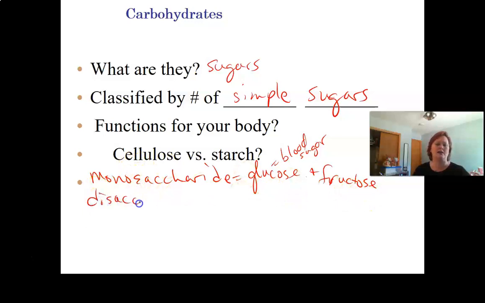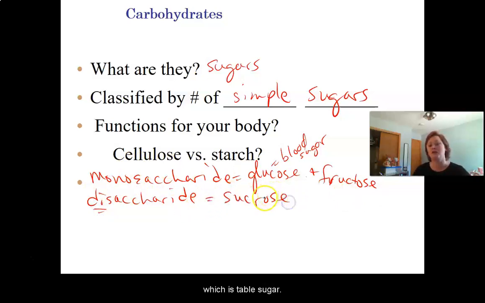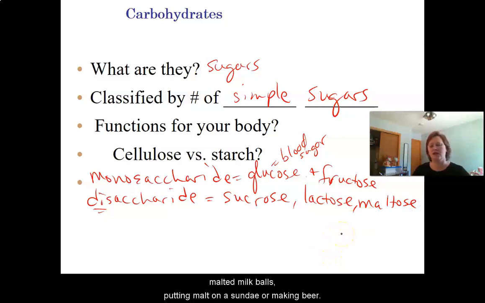Disaccharides would be double sugars, so they have 2 sugars linked together. Examples of that would be things like sucrose, which is table sugar, lactose, which is found in milk, and my personal favorite, maltose, which you can use for malted milk balls, putting malt on a sundae, or making beer.